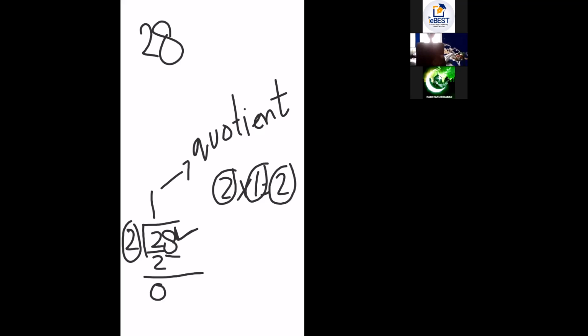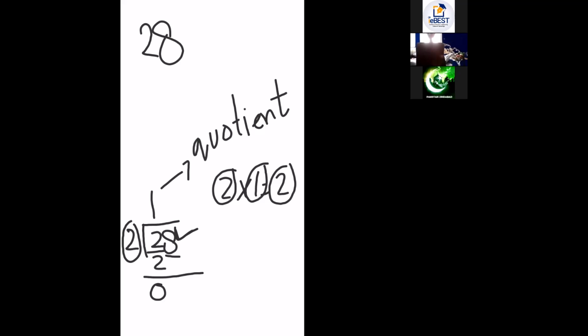Yes. First we have to divide 20, and then 20's half is 10, and 8's half is 4. So the answer is 14. Okay, you can get this answer as well. You can use that method as well.